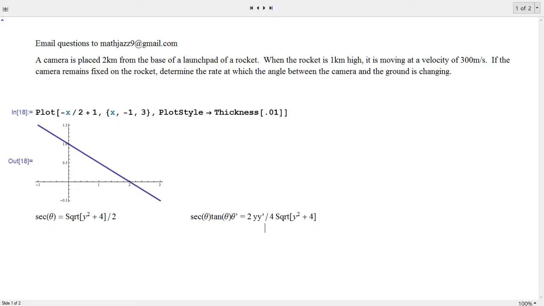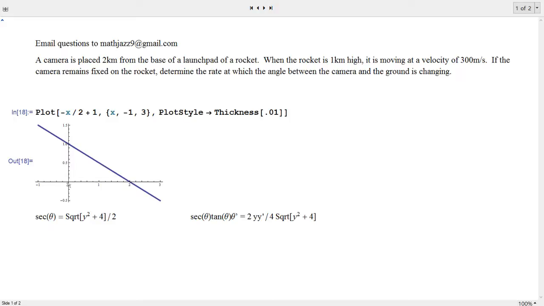So, going on, we can actually plug in values here. We know that the secant of theta is going to be this length here, which is 2, divided by this length here, which we can calculate because we know that the rocket is 1 kilometer high.